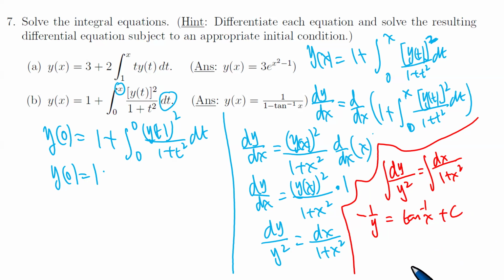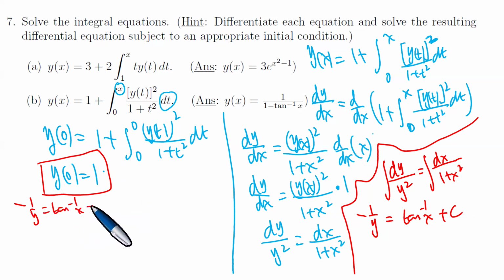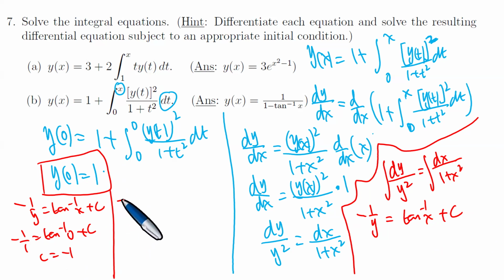So now we just need to use the initial condition here, because we already know that y at 0 is 1. Which means that minus 1 over y equals arctan x minus 1, so c equals minus 1.